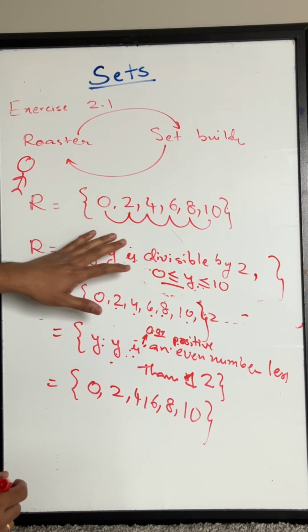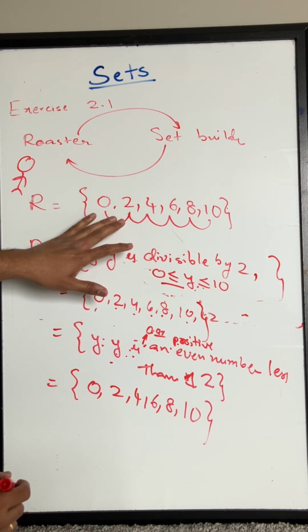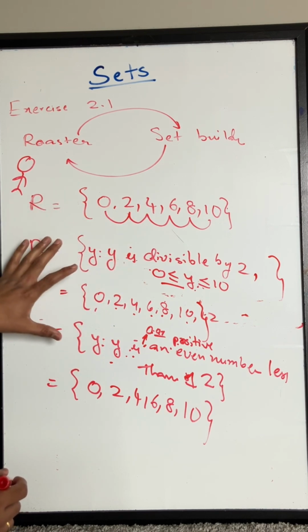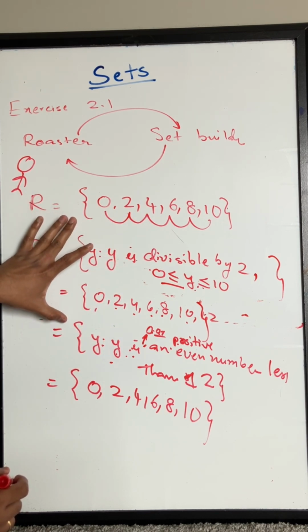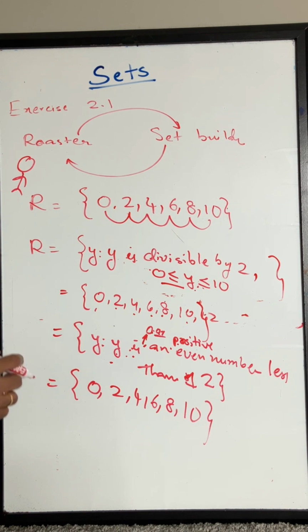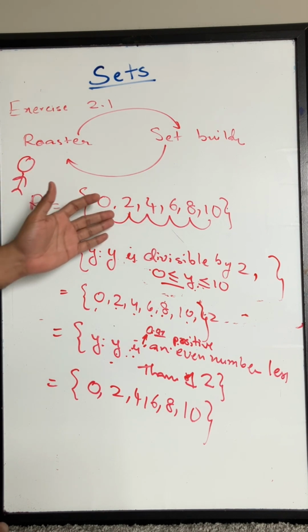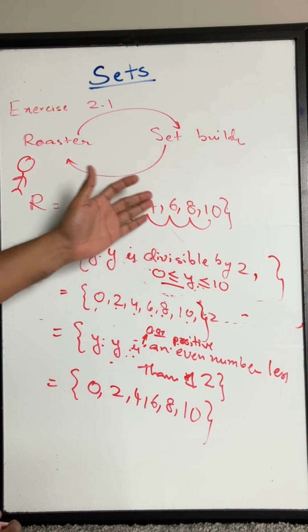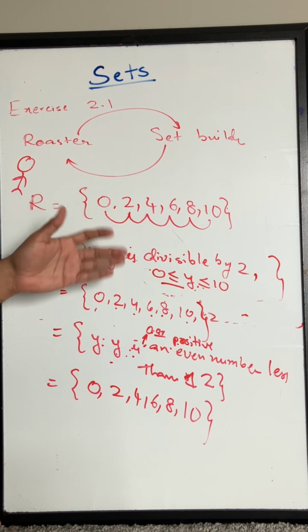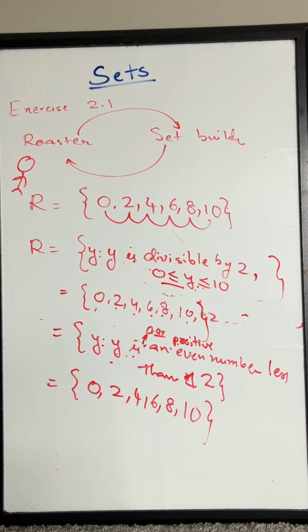Whatever you observe, that is most important. That is the way you can convert roster to set builder form or set builder form to roster. All you need is observation, how these elements are related to each other. So we can write these kinds of statements.